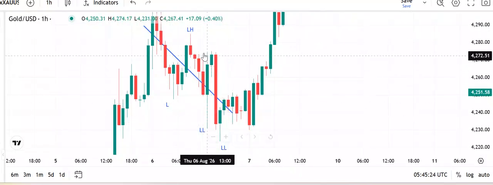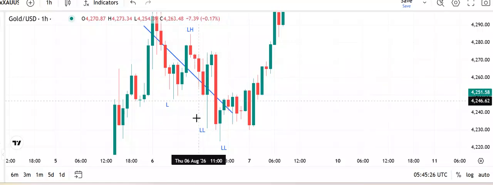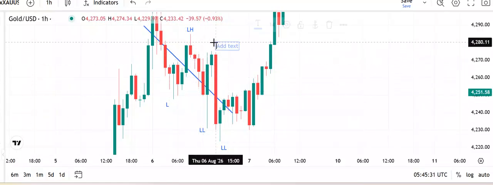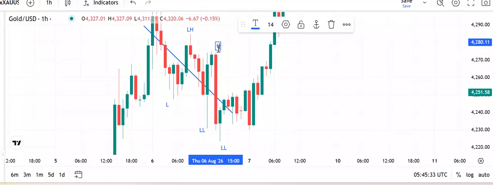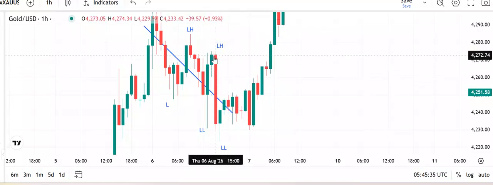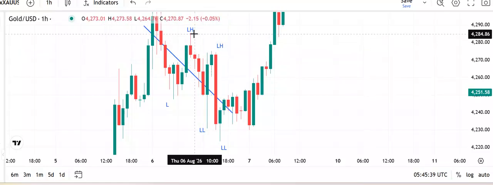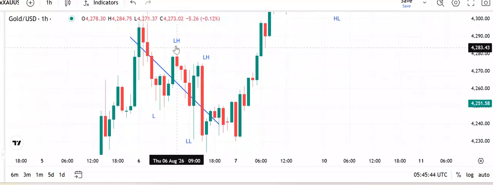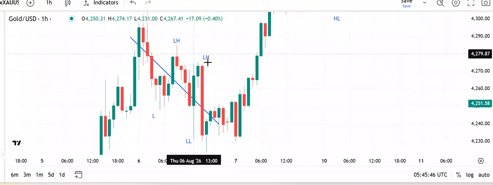Meanwhile you have internal lows and internal highs. So this is a lower high because of the engulfing. It's our lower high because this high is lower than this high, and this high is also lower than this previous high. So we have a lower high, and this one is even lower than this lower high.